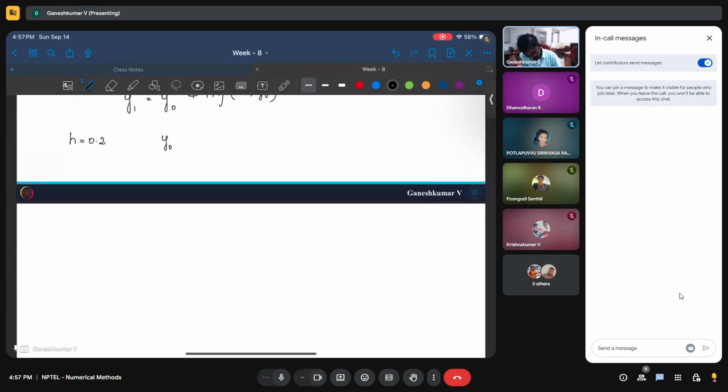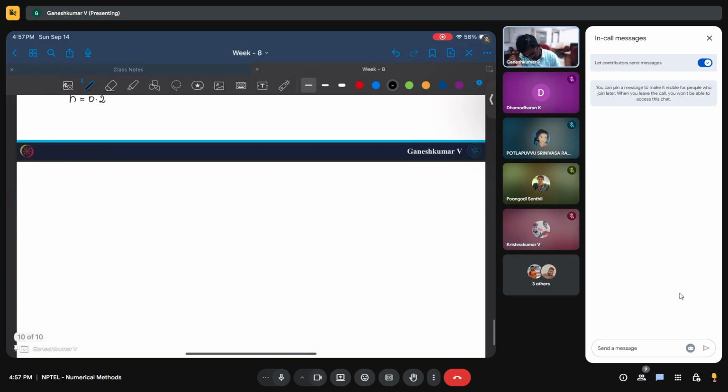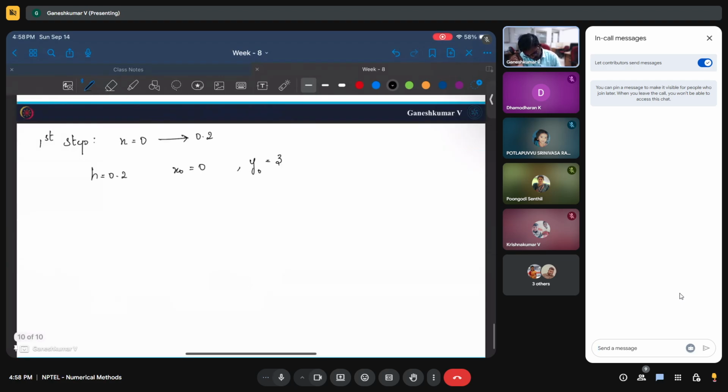And our y naught, so let's take the first step. The first step is to go from x equal to 0 to 0.2. H is 0.2. X naught is 0. Y naught is 3. And y1, which is nothing but y at 0.2, is y naught plus h f of x naught comma y naught.